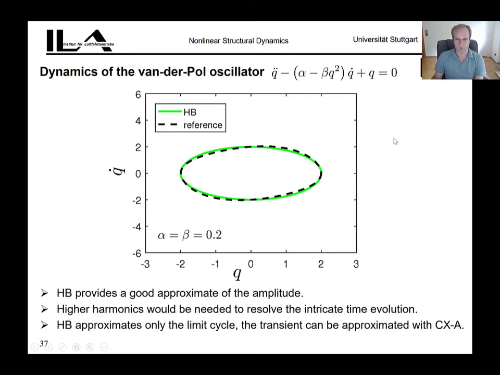Now when we vary this ratio here, we see that the amplitudes will change, and we now compare the results of a numerical time integration, so a numerical method that is sufficiently finely discretized so that we can speak here of a good reference, because there's really no exact solution. And HB or CXA I could also write here.